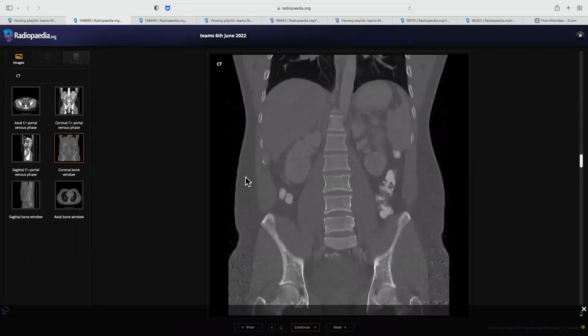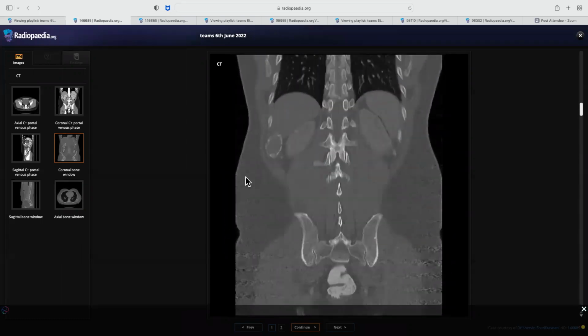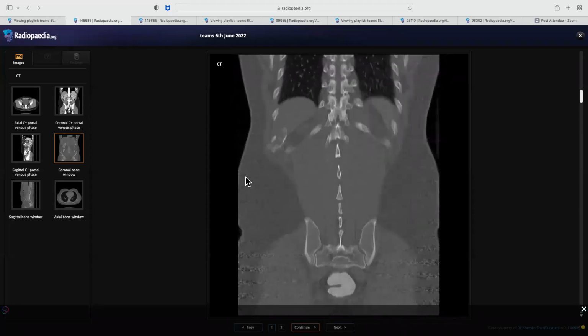There was one previous X-ray done which showed the same, no other changes. That was done 5 years back, so it was the same. If it's long-standing, then I'll be thinking of an indolent lesion, most likely fibrous dysplasia in this case.